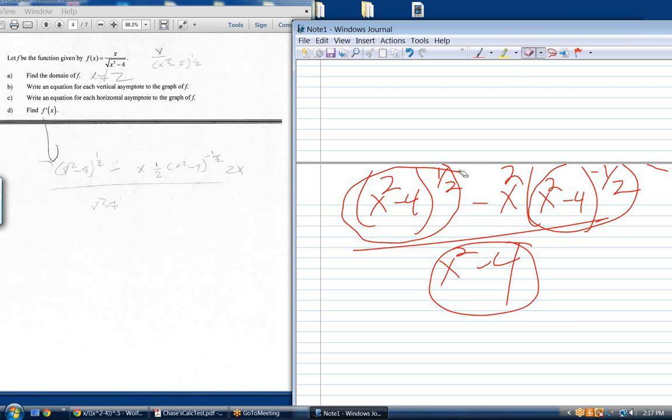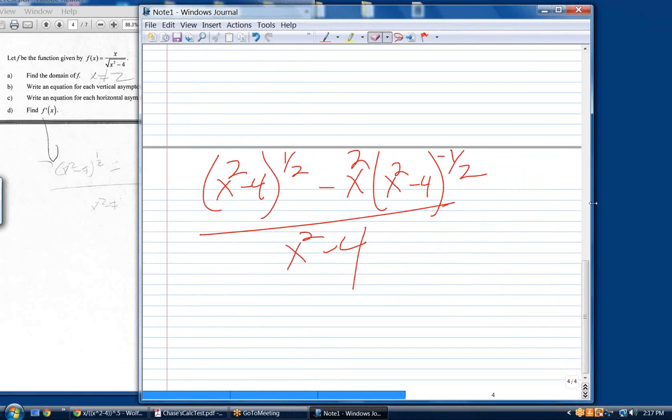Let's see how that's going to unfold. First of all, it might be easier to look at this doing it in 2 steps. Let's factor out from the numerator an x squared minus 4 to the minus 1/2. Okay? Now, what is that going to leave in the top?